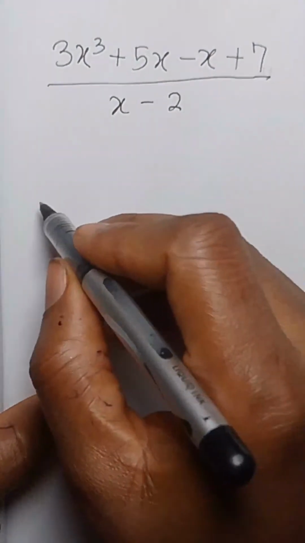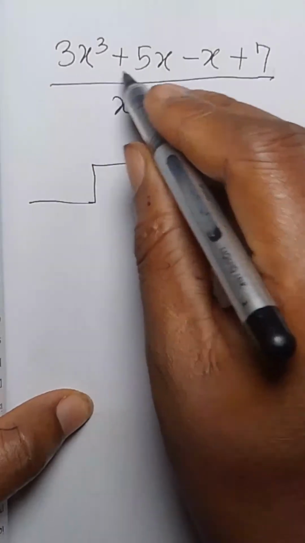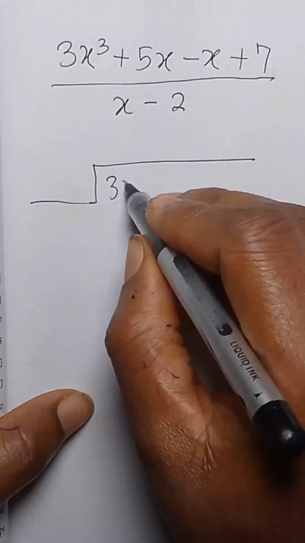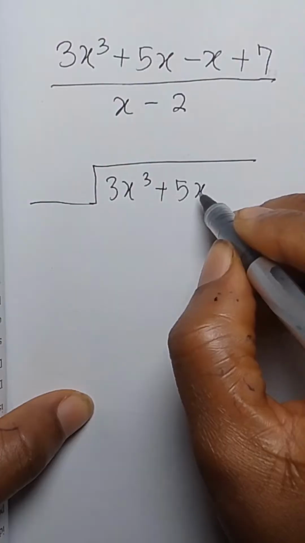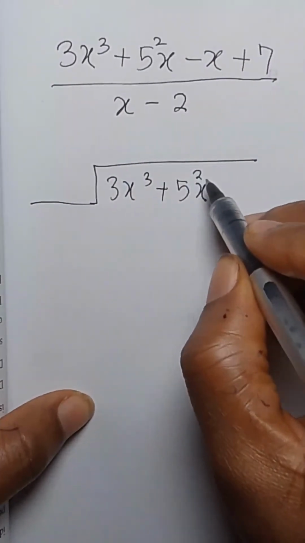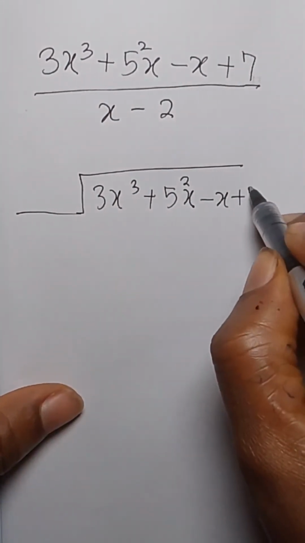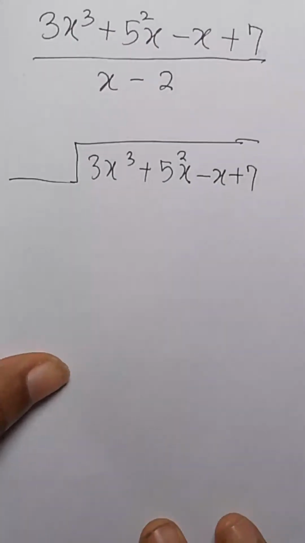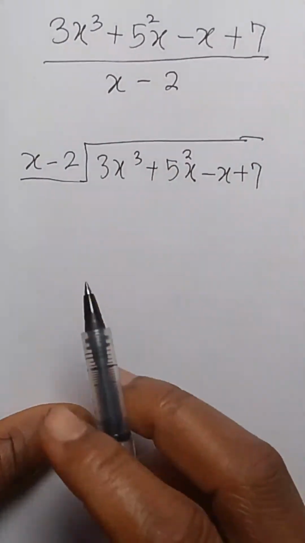So we are going to put it in that format where you draw. The numerator will be here, 3x cubed plus 5x squared. All right, this is square. Minus x plus 7. Okay. And we are dividing by x minus 2.